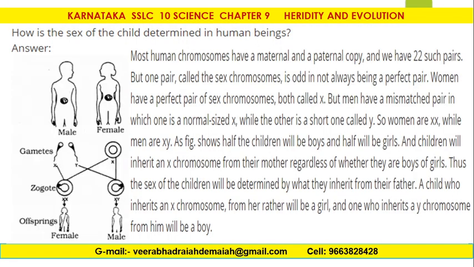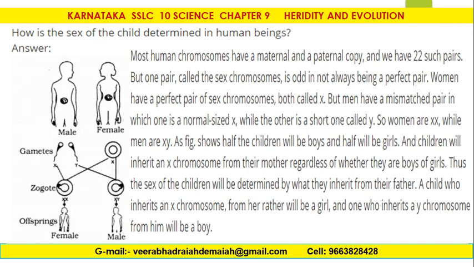How is the sex of the child determined in human beings? Most human chromosomes have a maternal and a paternal copy, and we have 22 such pairs. But one pair, called the sex chromosomes, is rare in not always being a perfect pair.